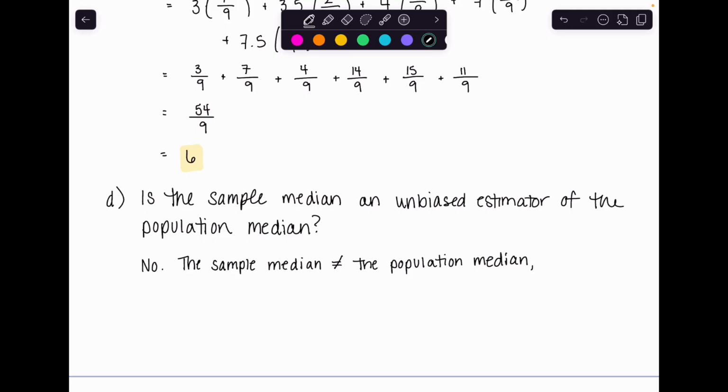So it doesn't target the population median. So because of this, this is not a good estimator of the population median.